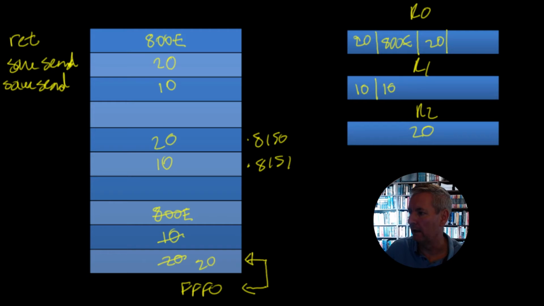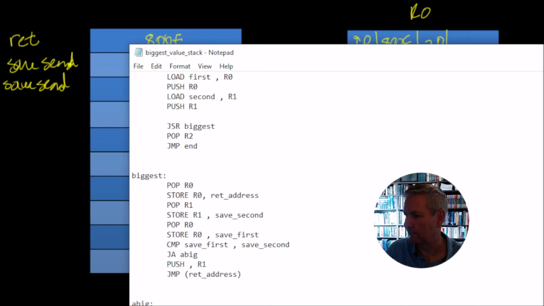Now if it's the other way round, if it's not bigger, then it's going to push the other one onto the stack, so it'll push the value R1 onto the stack. And then whenever we pop the value back off at this pop R2, it's going to pop that other one, because the other one in that instance would be the largest.